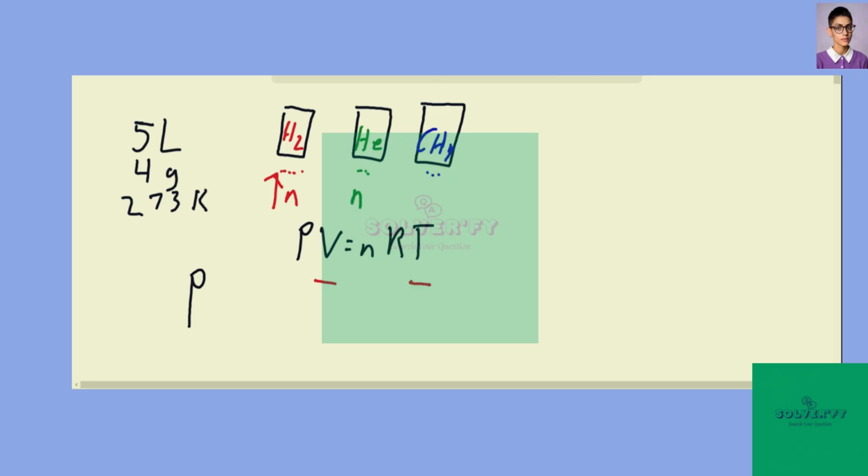Helium is in the middle, and then CH4 is at the bottom. Because of that, the H2 will have the highest pressure, because these are directly proportional since they're on opposite sides of the equation. Helium will have the second highest, and methane will have the lowest.